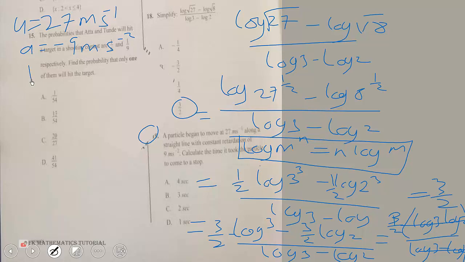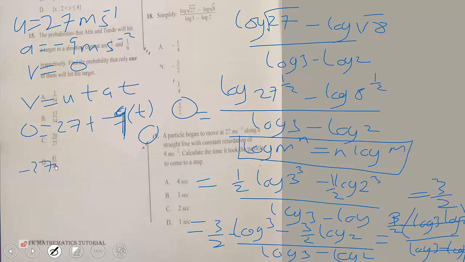When the particle comes to stop, the final velocity is 0. So using v equals u plus at, we get 0 is equal to 27 plus negative 9 times t. So negative 27 is equal to negative 9t. Dividing through by negative 9, t will be equal to 3 seconds. So the correct answer will be B.